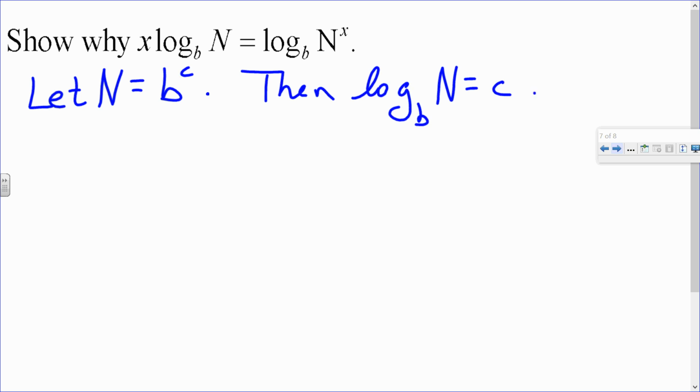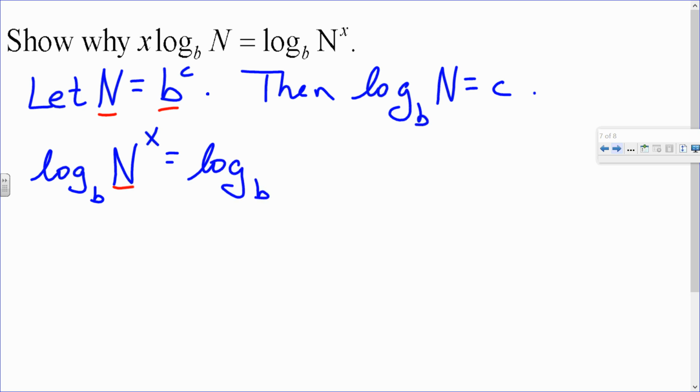This time, just because I've done it enough times before, I find it a little bit easier if I start with the right side, equals, equals, equals, until I get to what was on the left.